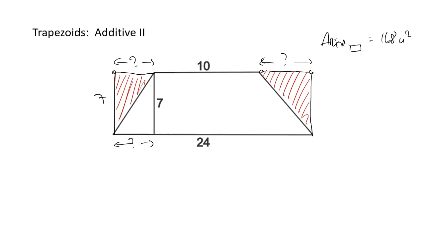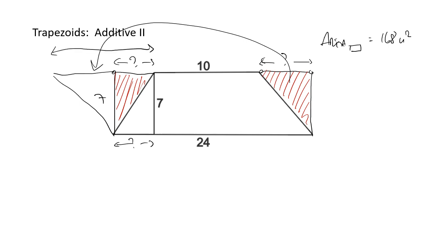So I can take this triangle and move it over here like this. And now I know that this whole thing is still going to be 14. And so this 14 by 7 triangle is going to be an area.